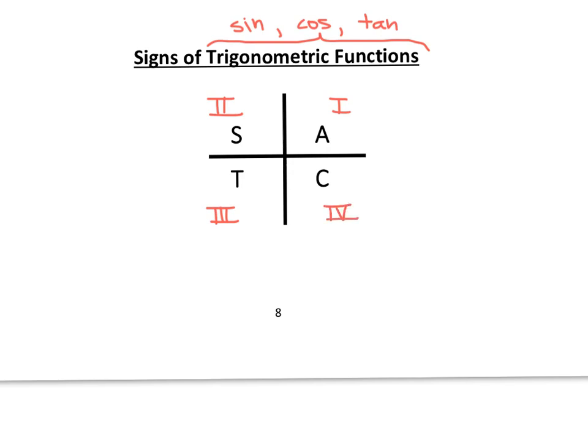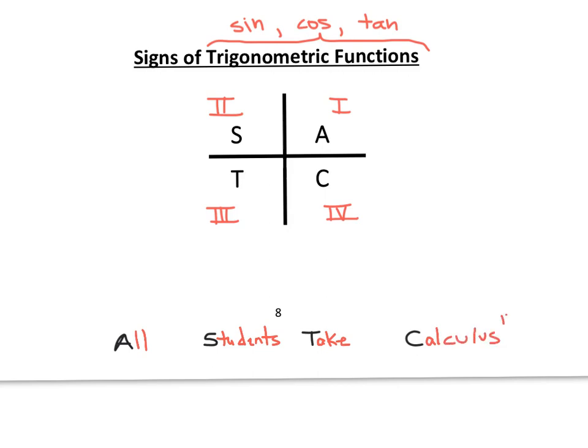So starting in quadrant 1, we'll see an A, S, T, and C. Now, what do dorky math teachers say to help us remember the order of this? A, S, T, C is: All Students Take Calculus.